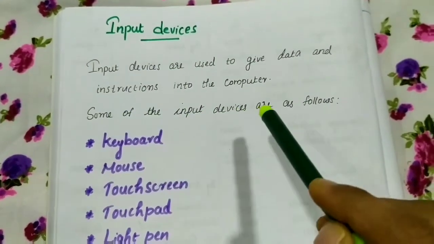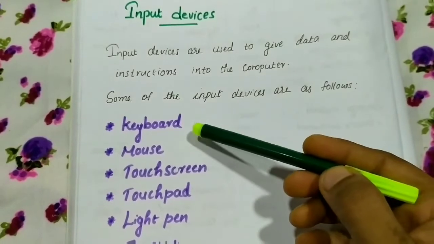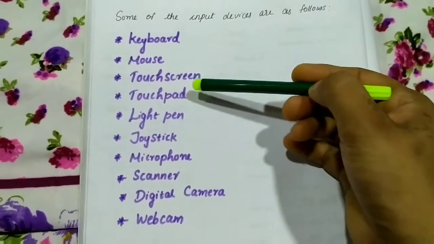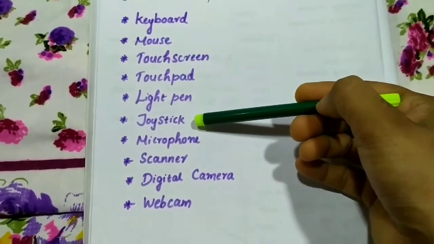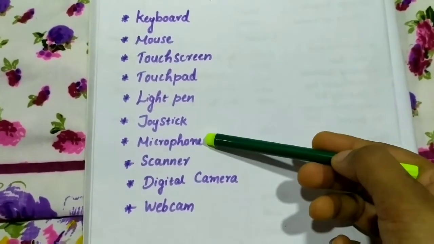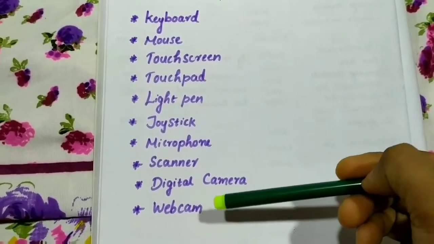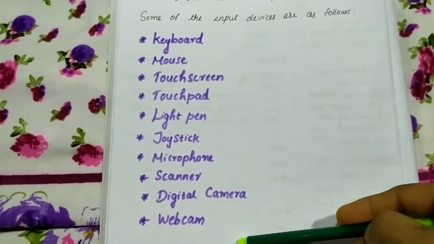Some of the input devices are as follows. First one, keyboard, then mouse, touch screen, touchpad, light pen, joystick, microphone, scanner, digital camera and webcam. These are the input devices.